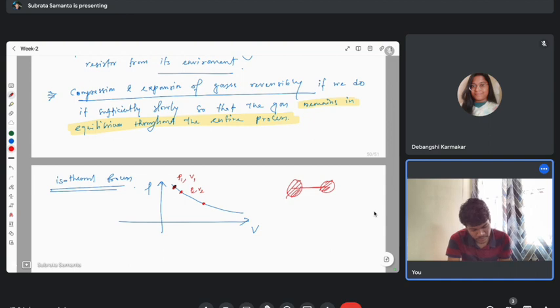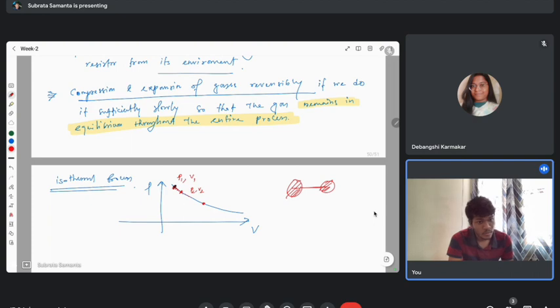If we change slowly, so that the gas remains in equilibrium throughout the entire process, changing from this point to this point such that they are at the same temperature, and again from this system to the next, going slowly through the process, that is called a reversible process.